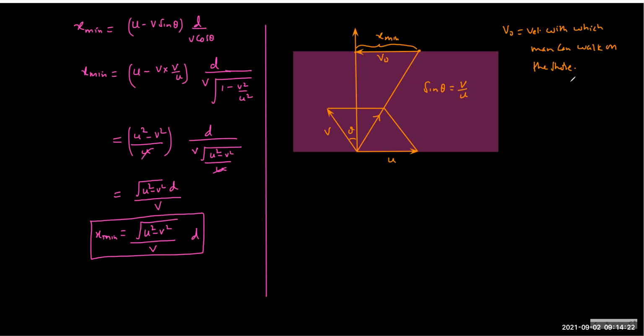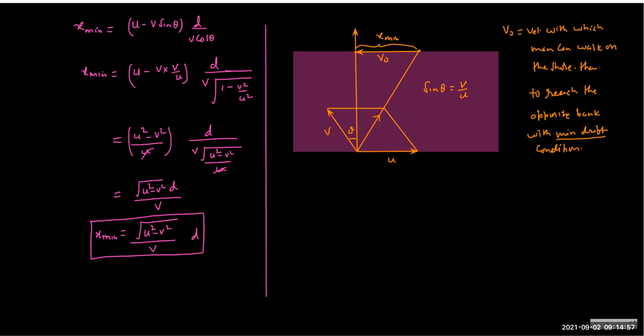If that is the case, if you can walk, then to reach the opposite bank with minimum drift condition. Now try to understand, I'm writing minimum drift condition, not zero drift condition, which I used to write earlier.